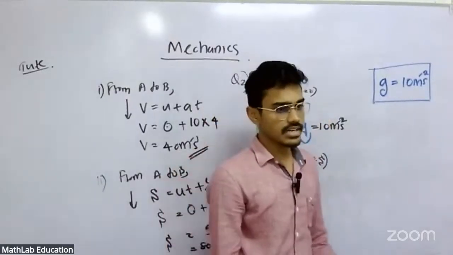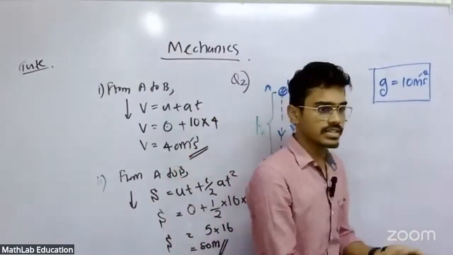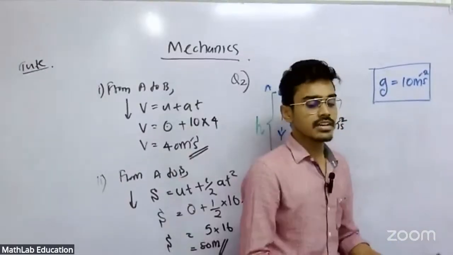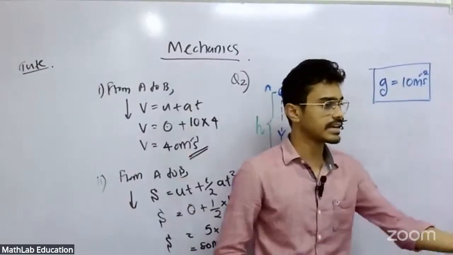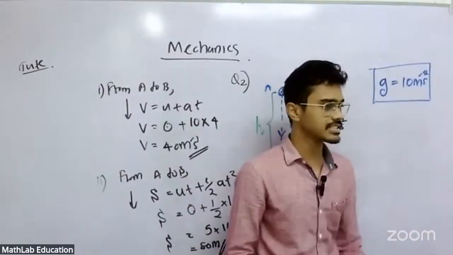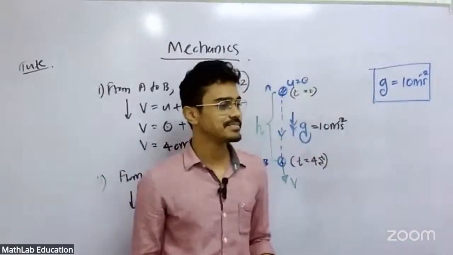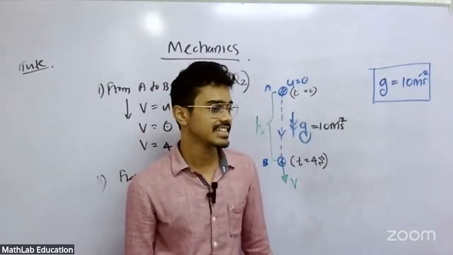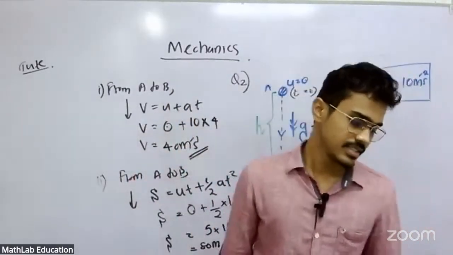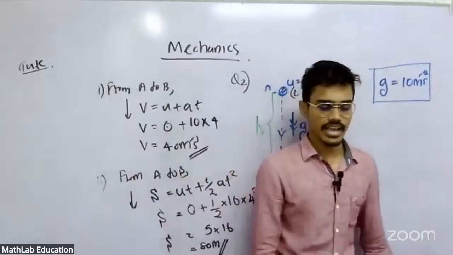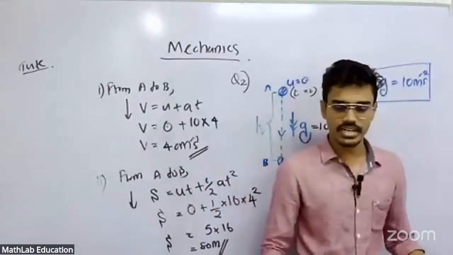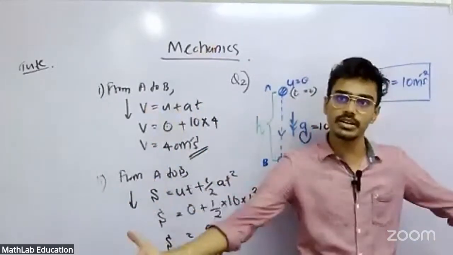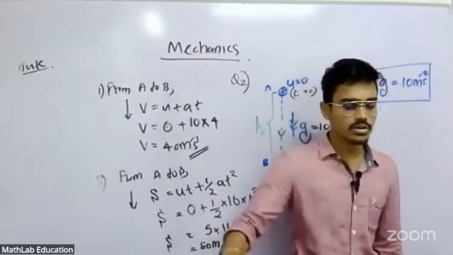Any object under gravity, even if you throw upwards, downwards, or in inclined directions like this, the acceleration is the same. Any motion under gravity, in this gravitational field of Earth, undergoes gravitational acceleration.